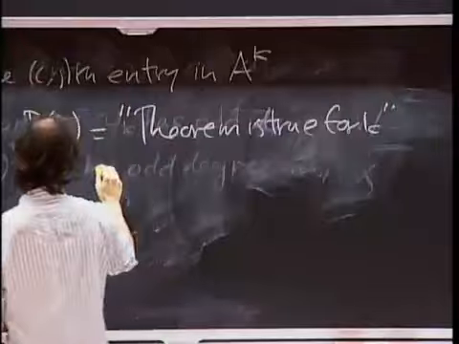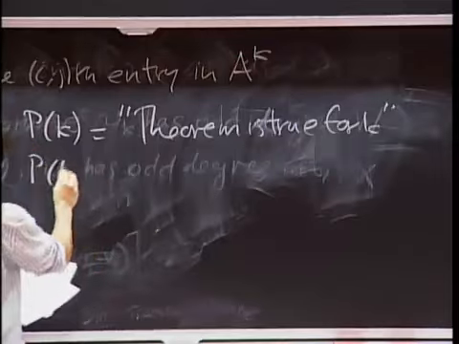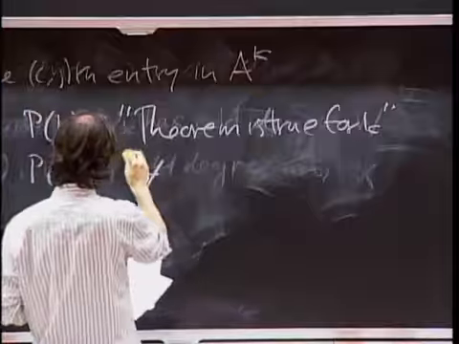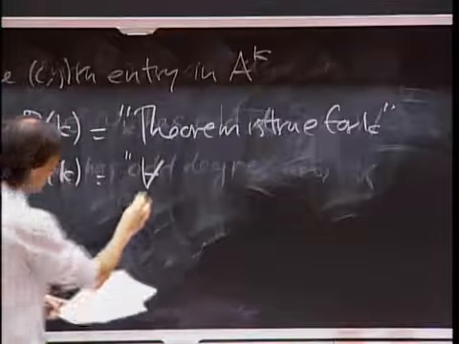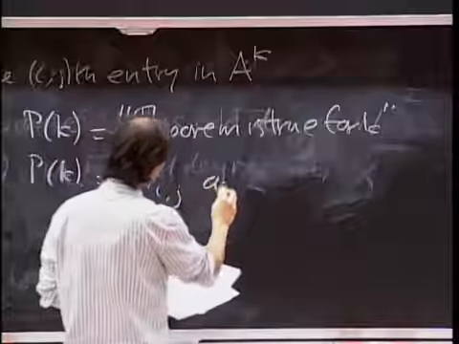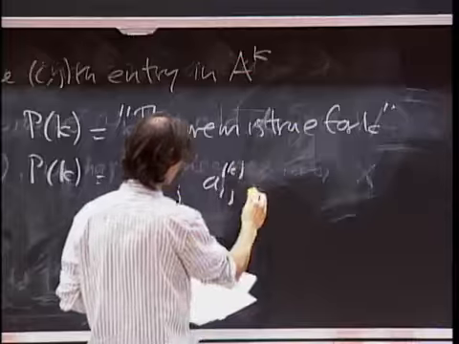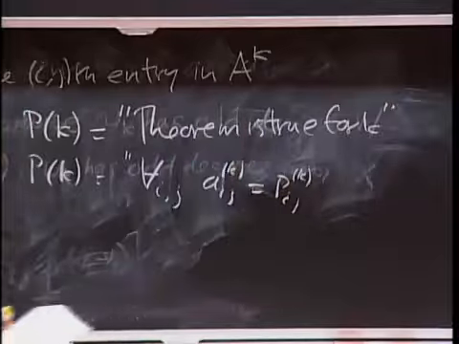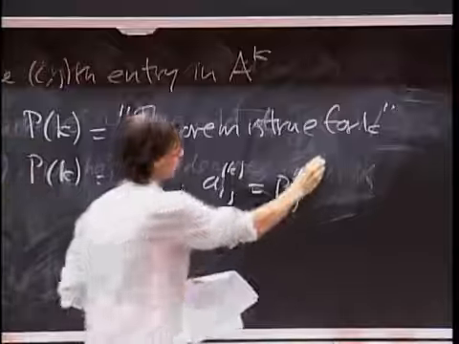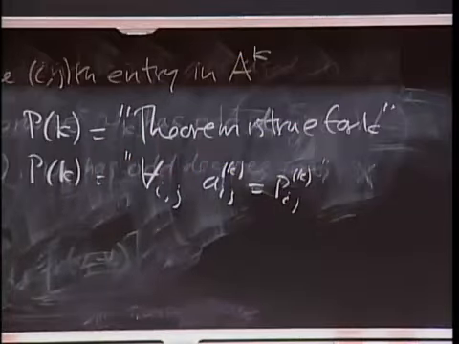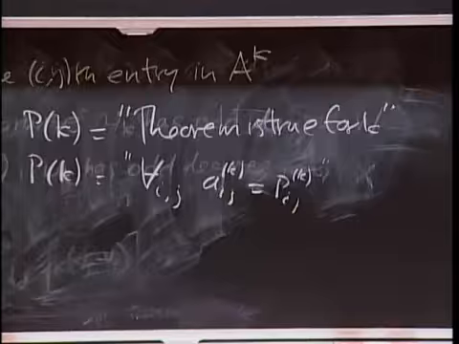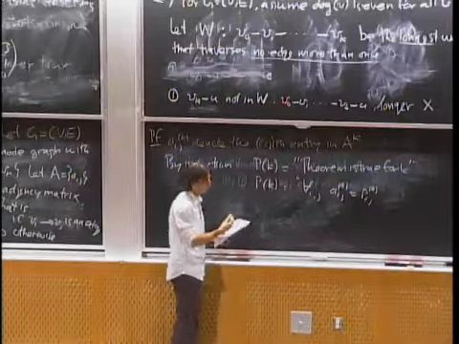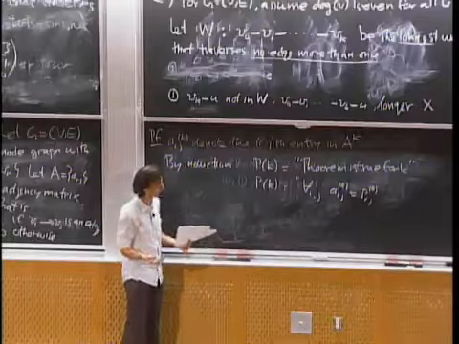This is really the same as stating that for all i and j, Aij^k is equal to pij^k. This is what we want to prove. And this is pretty straightforward, because now we can start to look at how we compute walks of length k, or k plus 1.